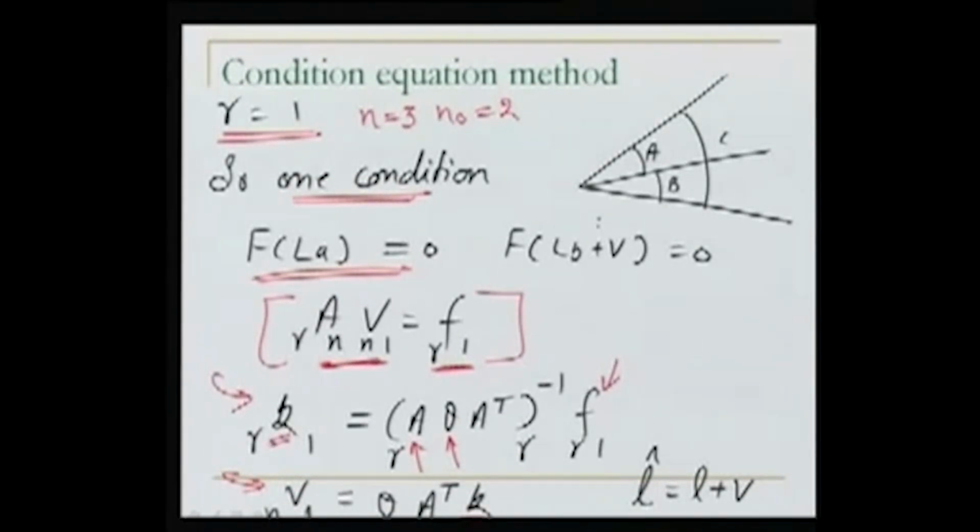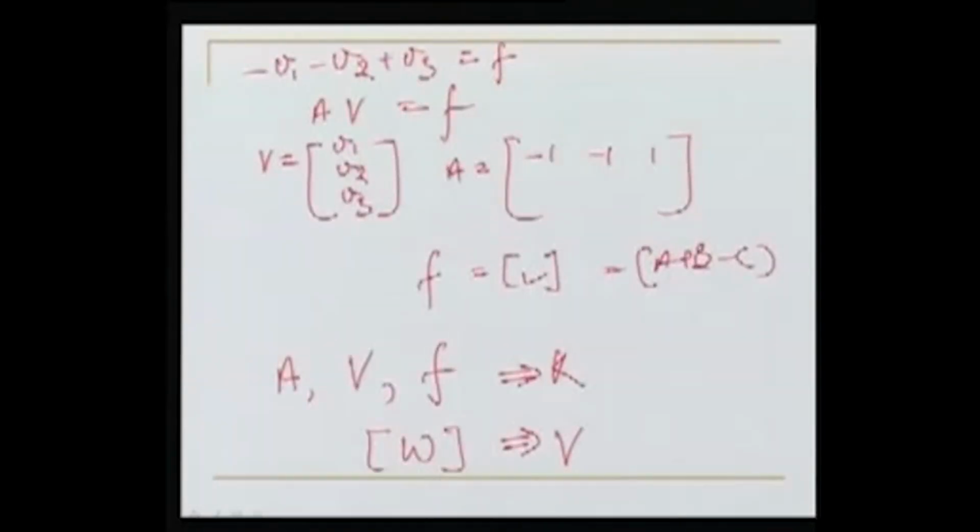Once K is known, we can also find V, the residuals. Once the residuals are known, we can find our A hat, B hat and C hat as A plus V1, B plus V2, C plus V3.